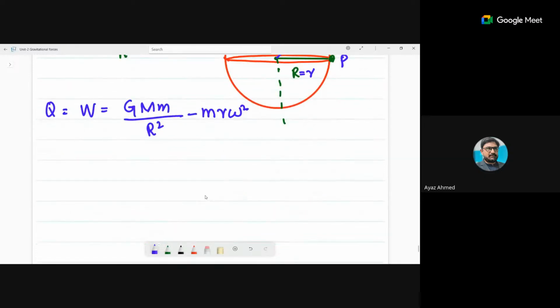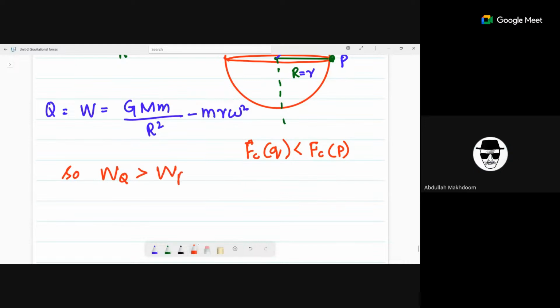FC at Q is less than FC at P. So weight at Q must be greater than weight at P.